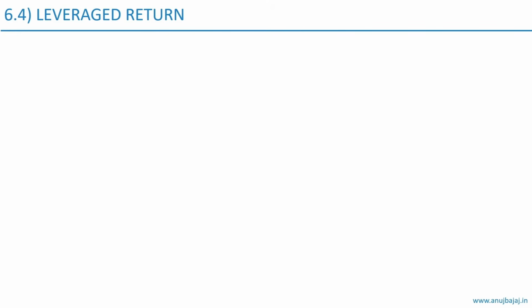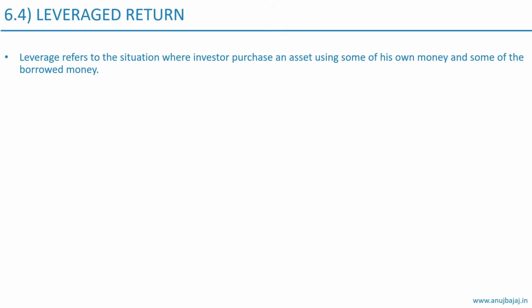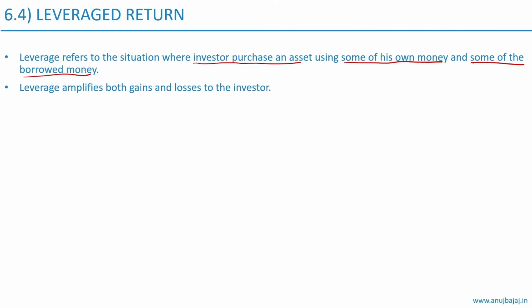Let us look at the fourth measure, which is leveraged return. Leverage refers to the situation where investors purchase an asset using some of their own money and some of the borrowed money. Leverage amplifies both gains and losses to the investor.